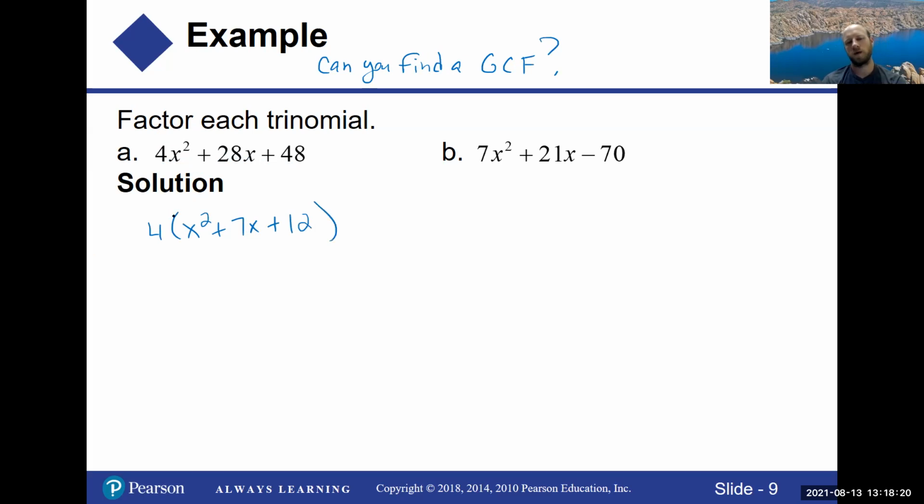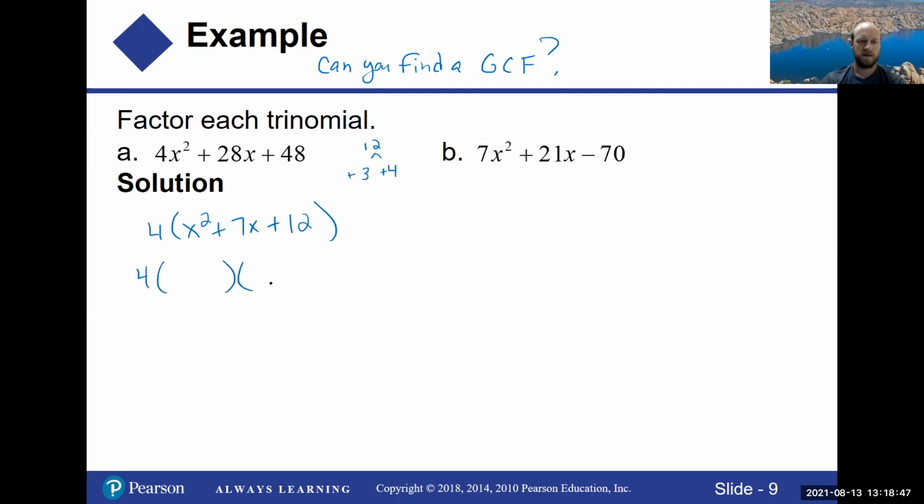I'm left with 4 times quantity x squared plus 7x plus 12. And now I just worry about factoring this trinomial, right? So I want two numbers that multiply to 12 that add to 7. If you want to do that off to the side, you can. I know it's going to be a positive 3, positive 4.